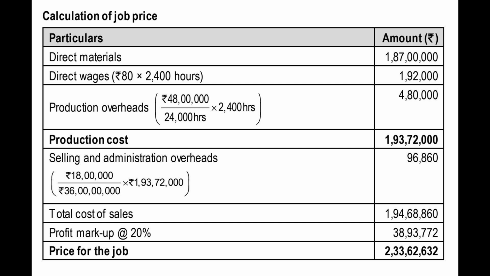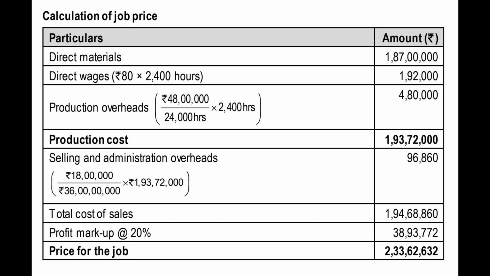The resulting figure would be called profit of 20% on cost. On cost means cost should be considered as 100, so that we derive the profit. Profit is nothing but 38,93,772.